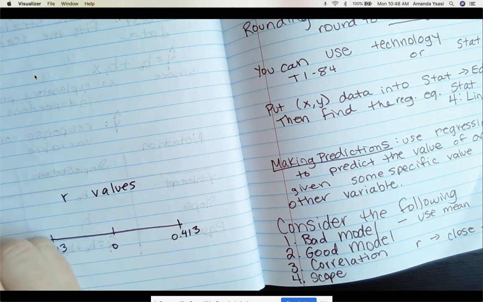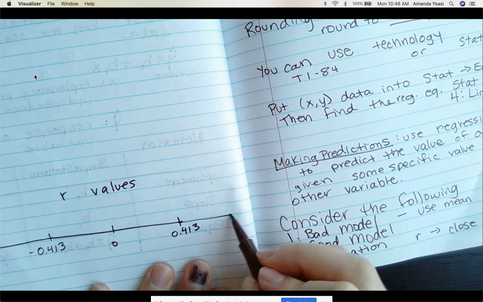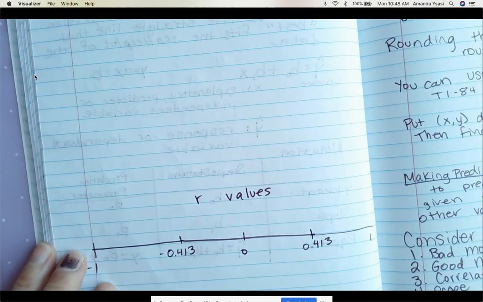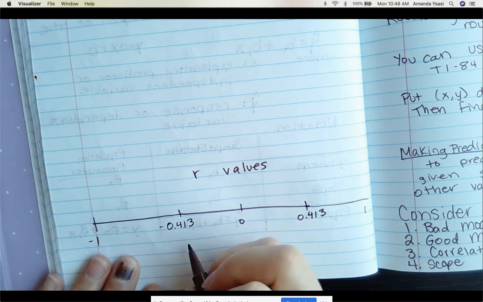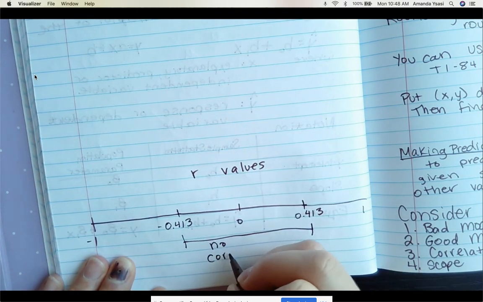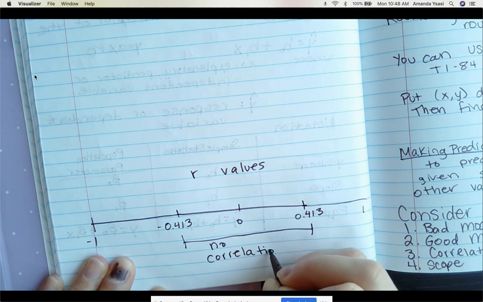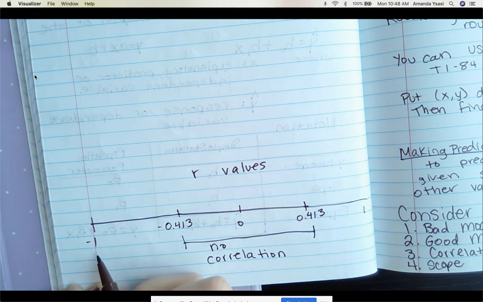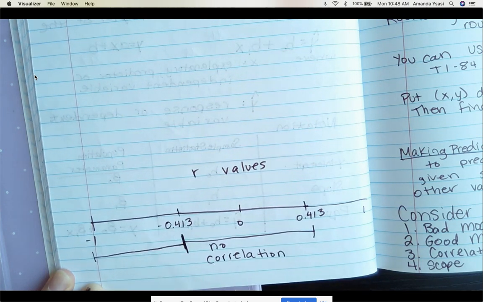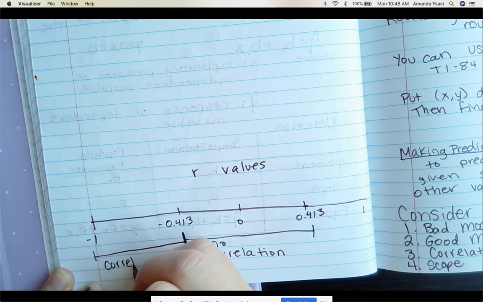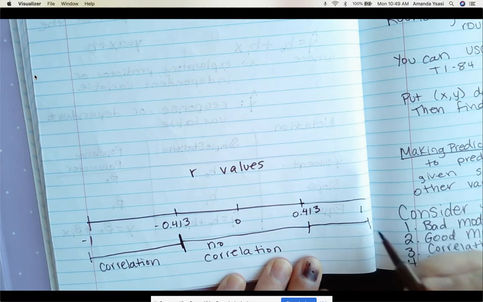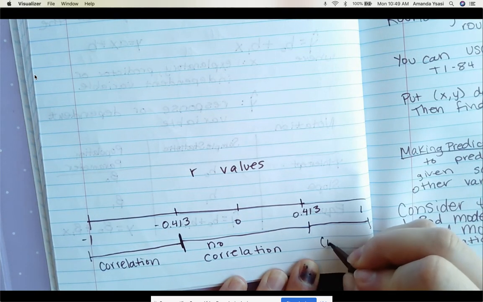Then go all the way to -1 and all the way to +1. These middle values between the critical values tell you there is no correlation. From -1 to -0.413, there is a correlation, and from positive 0.413 to 1 is also a correlation.